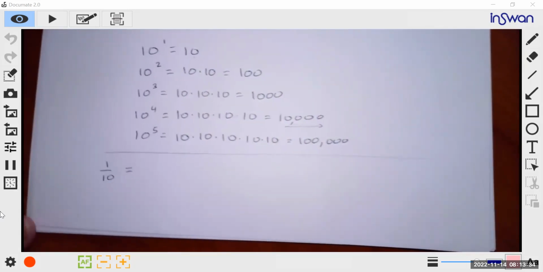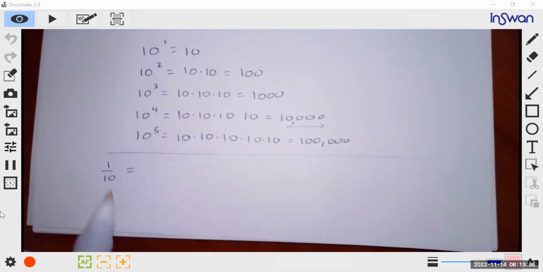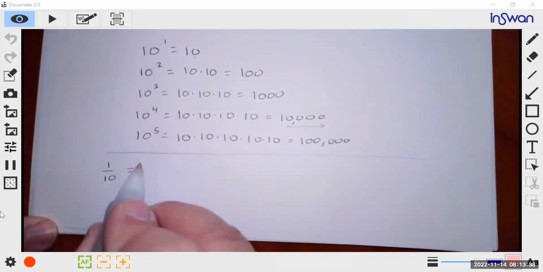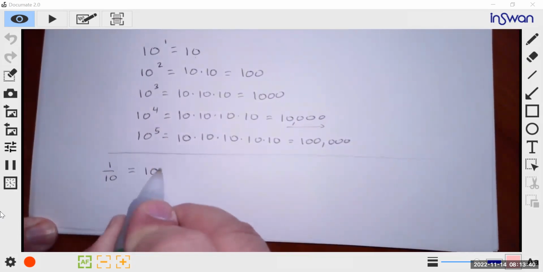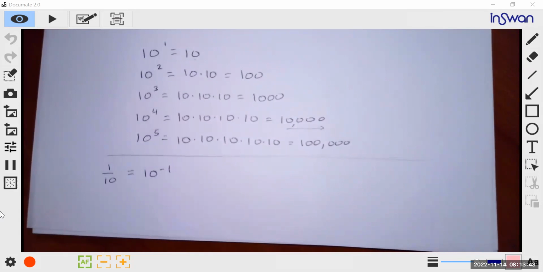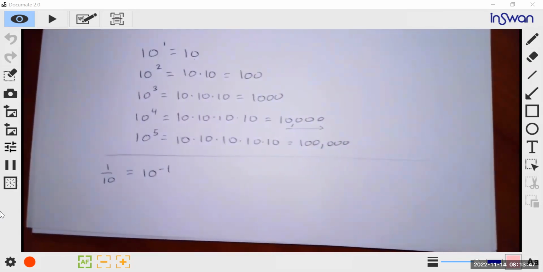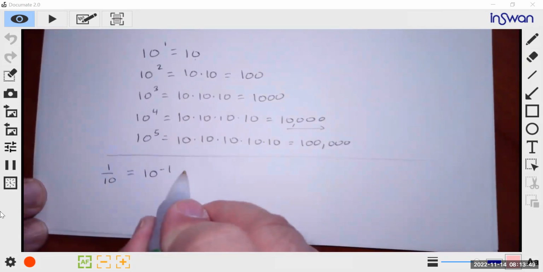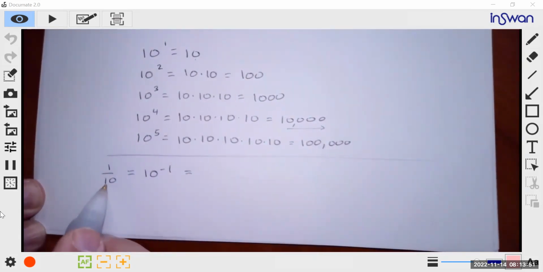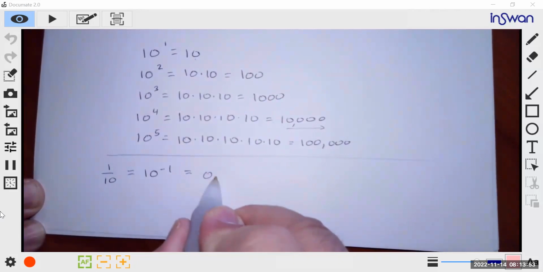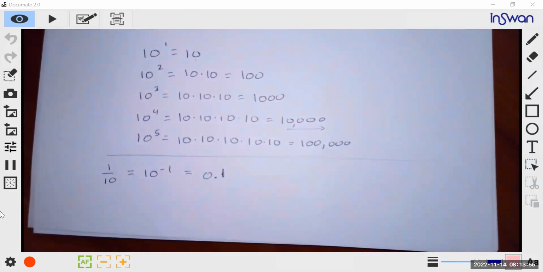One over 10. In exponentials, how would we write that? Remember, a negative exponent tells you that all you do is change the location of it. But what is 1 over 10? That's 0.1.